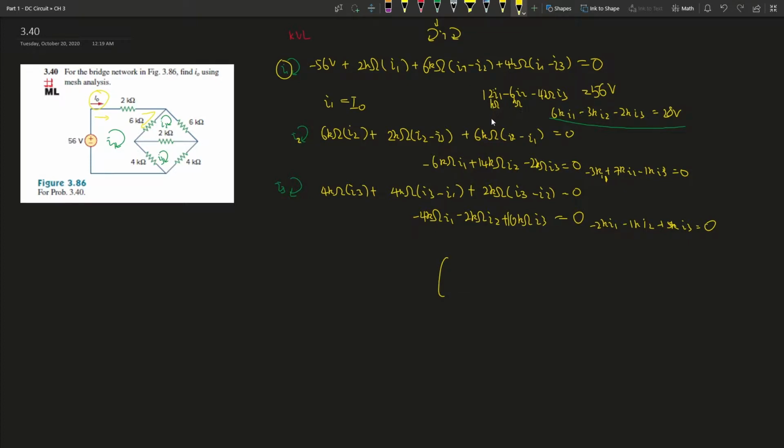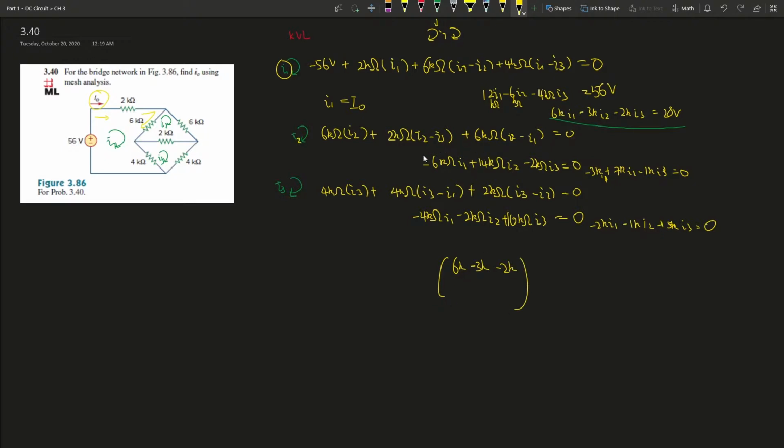I always like to do that just in case. 2k times I1, 6k times I1 minus I2, 4k times I1 minus I3: 2, 4, and 6, so 12. Then negative 6 and negative 4. Dividing by 2, this is 6, negative 3, and negative 2, and all of these are in k.